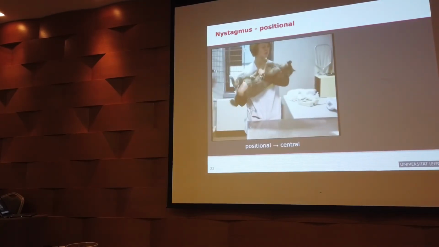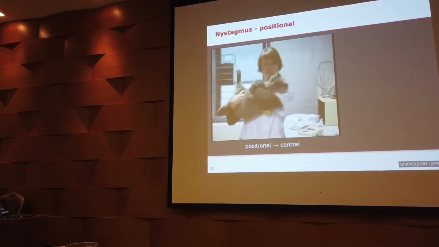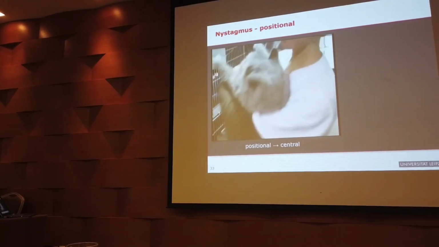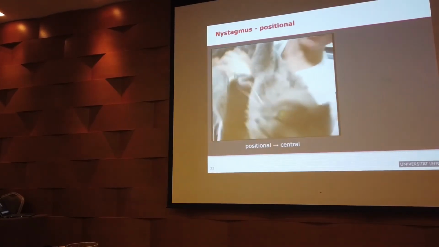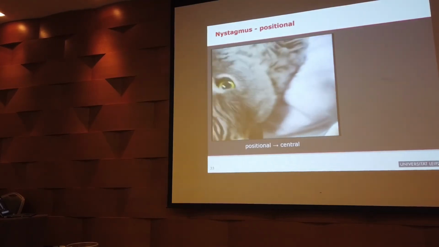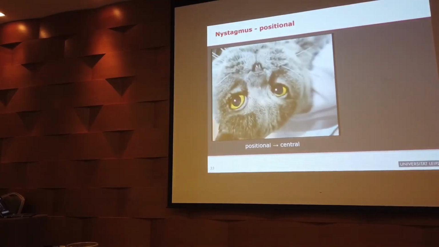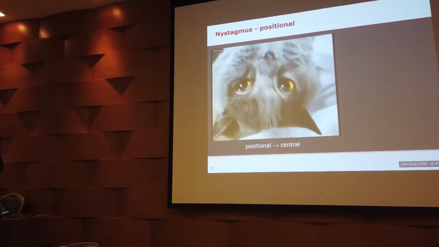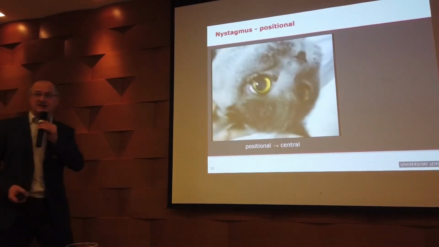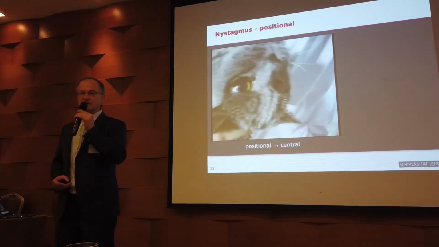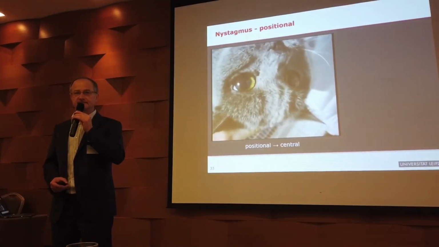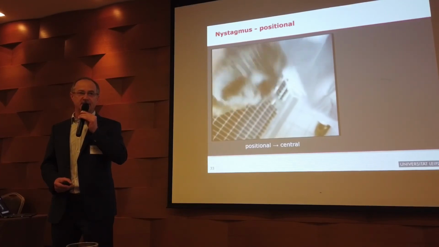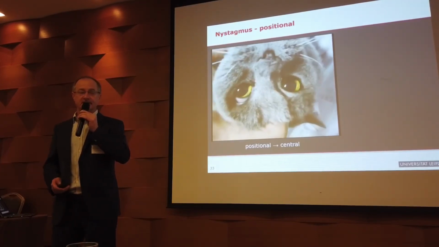And then we turned him on his back. And it's even vertical. So just by turning him on his back, we knew that there's brain disease. Everybody else could have done that before.